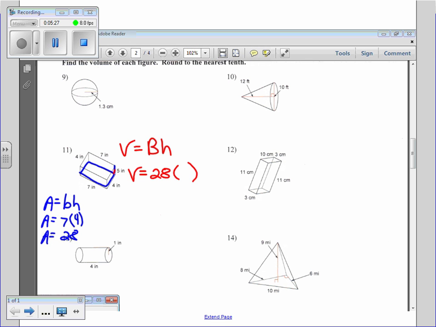And remember, my height now becomes 5. So I'm going to get out my calculator and I'm going to do that. And 28 times 5. I'm getting 140. That would be 140 cubic inches.